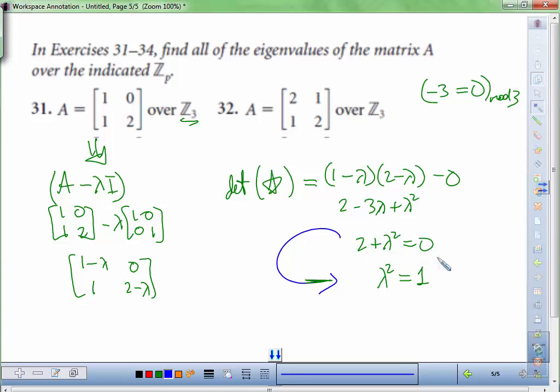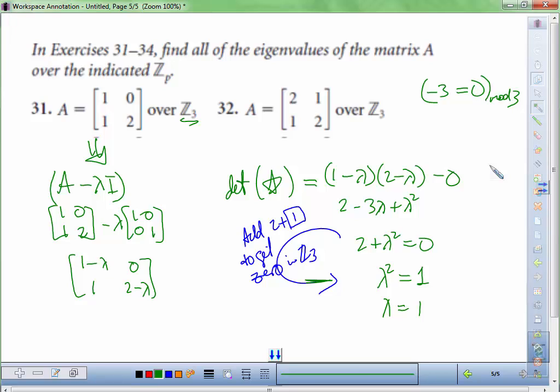So 2 plus 1 is going to be equal to 0 in Z3. So that must mean that lambda squared is equal to 1, and what times itself is equal to 1? So lambda has to equal 1, or probably not negative 1.